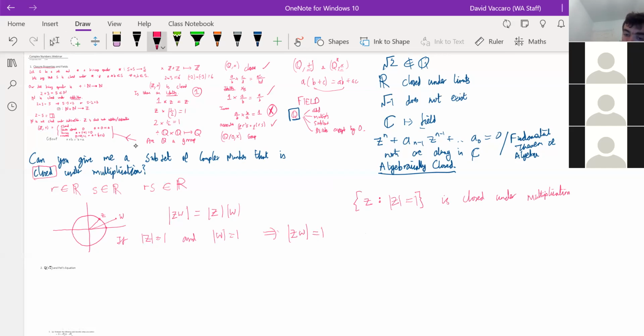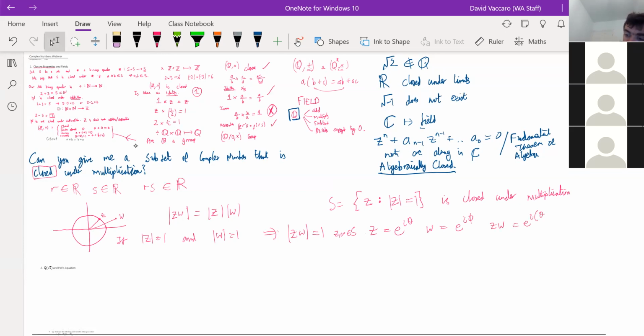One way we can see that is that if you've got a modulus of 1, you could write z equals e to the i theta. So if I pick two complex numbers in S, z and w, I can write z as e to the i theta, w as e to the i phi, and zw is equal to e to the i (theta plus phi).